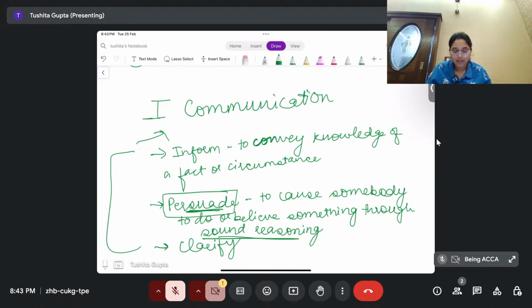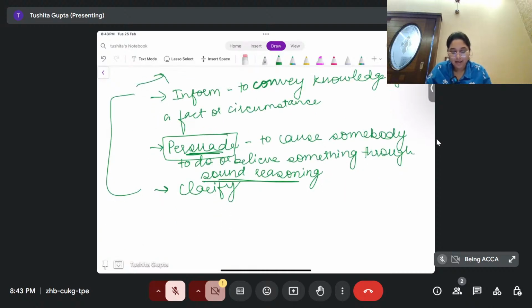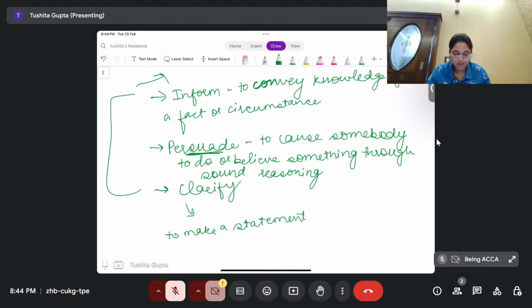Okay. The verb clarify, again let's put in the definition and then we will see what it means. I will explain it with the help of an example. So the verb clarify means to make a statement or a situation less confusing and more comprehensible.